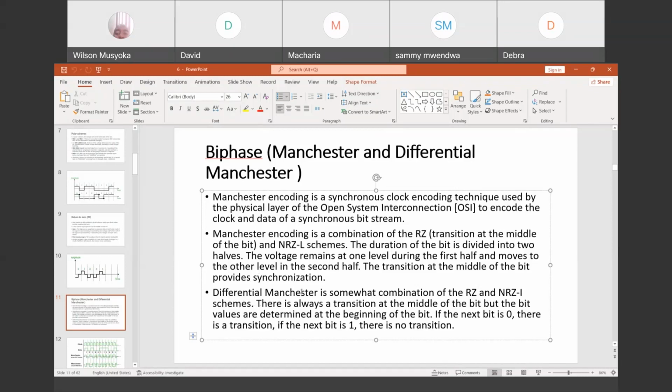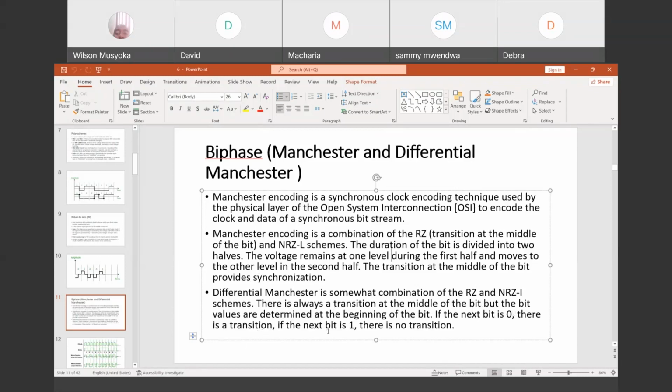Then in differential Manchester, it is going to be a combination of the return to zero and the non-return to zero level schemes, whereby there is always a transition in the middle of the bit, but the bit values are determined at the beginning of the bit. If the next bit is a zero, there is a transition.